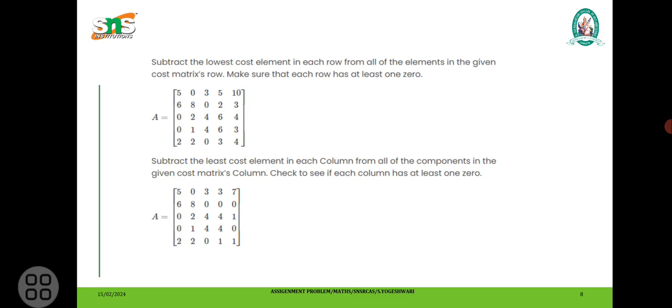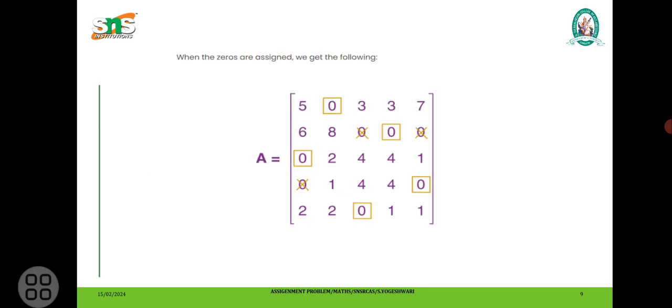Then subtract the lowest cost in each row from all the elements in the given cost matrix row. Make sure that each row has at least one zero, and subtract the least cost element in each column from all the components in the given cost matrix column. Check to see if each column has at least one zero.